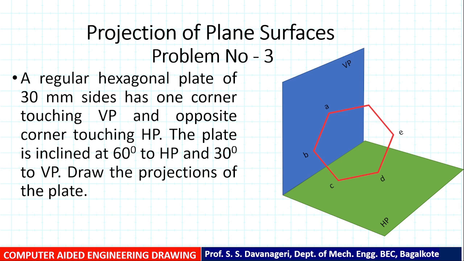So the angle formed with the vertical plane is 30 degree and with the horizontal plane it is 60 degree. Okay. So the plate is at 60 degree to the horizontal plane and 30 degree to the vertical plane.